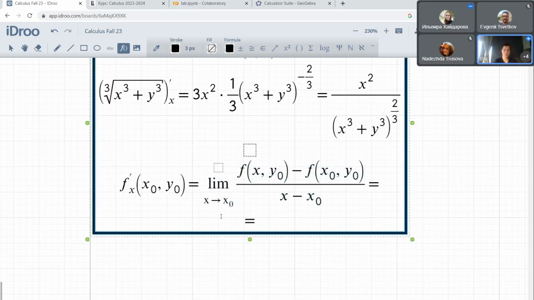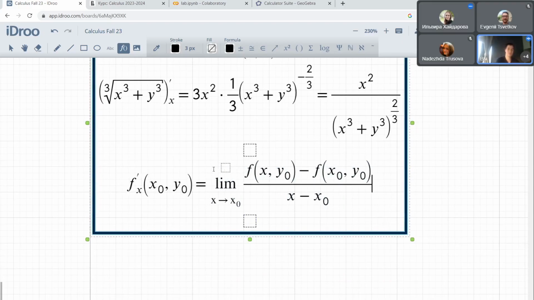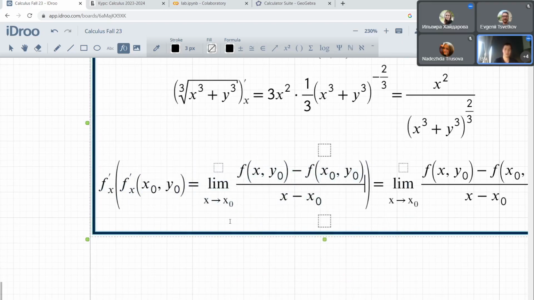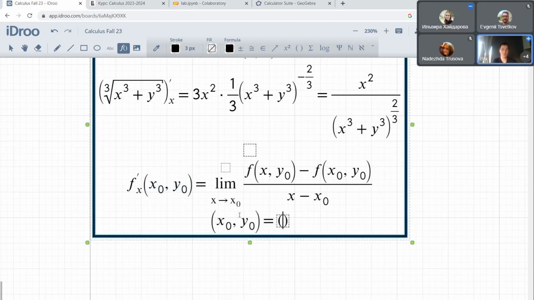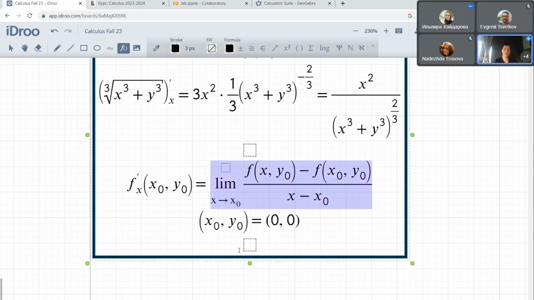Using this definition for the point 0, 0 and for our function, we can get the following thing.